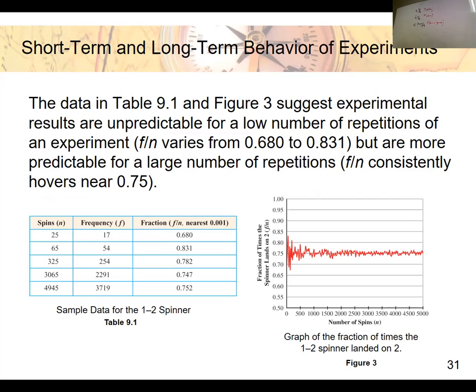So here's a table suggesting that the experimental results are unpredictable for a low number of repetitions of an experiment, but more predictable for a large number of repetitions. So the more spins that you do, the closer and closer it gets to the probability of rolling a 2, which is theoretically 0.75 based on the way the spinner is created.